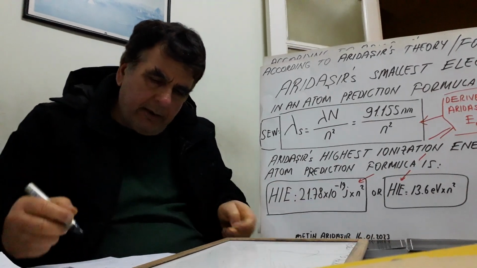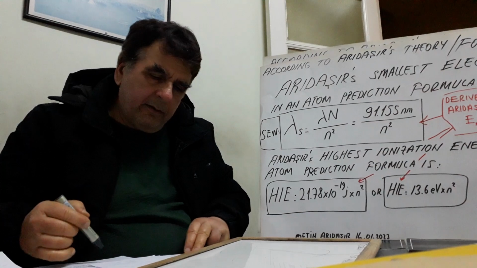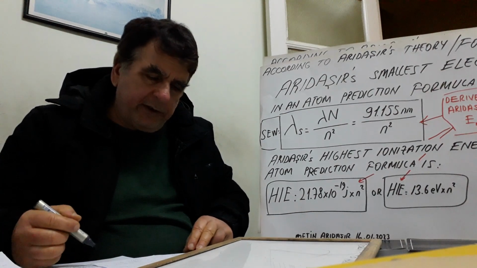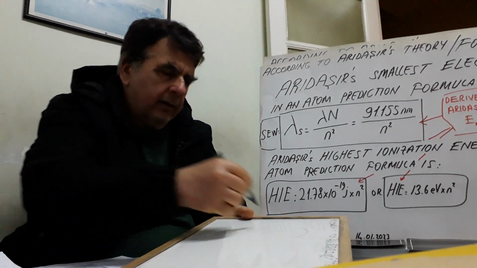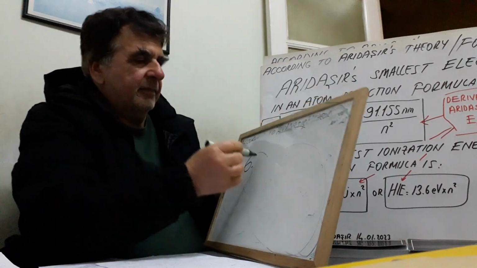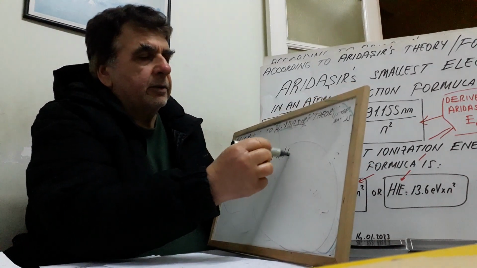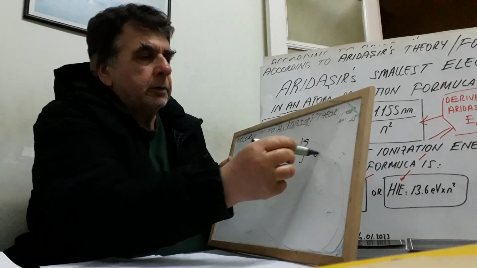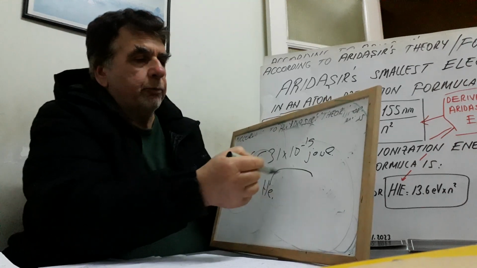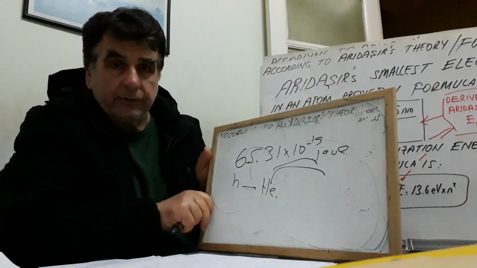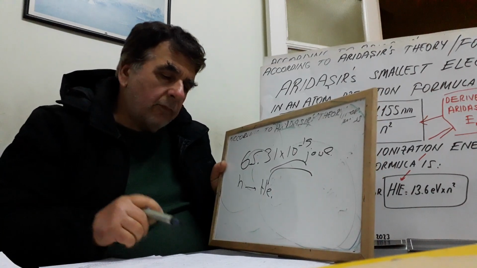I account the single wave pulse energy between hydrogen and helium as 55.31 times 10 to the minus 19 joule. From hydrogen to helium, single wave pulse, I have computed.